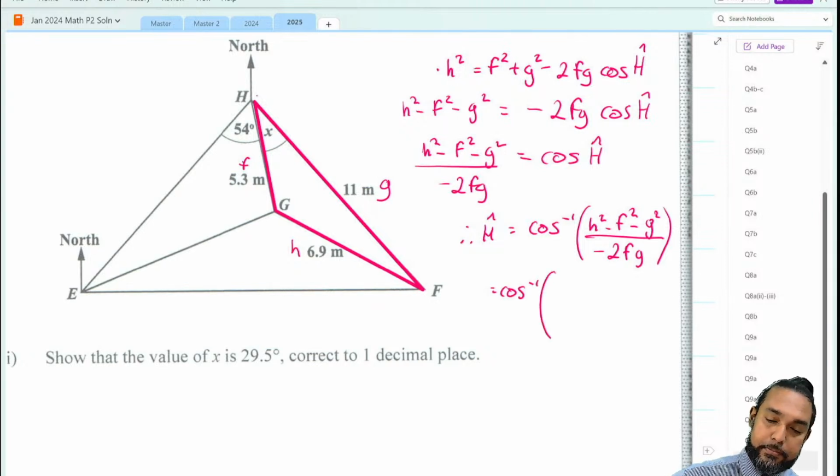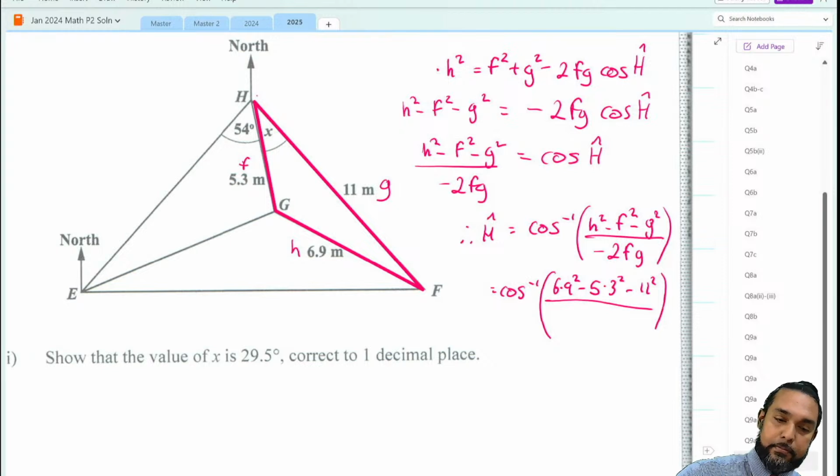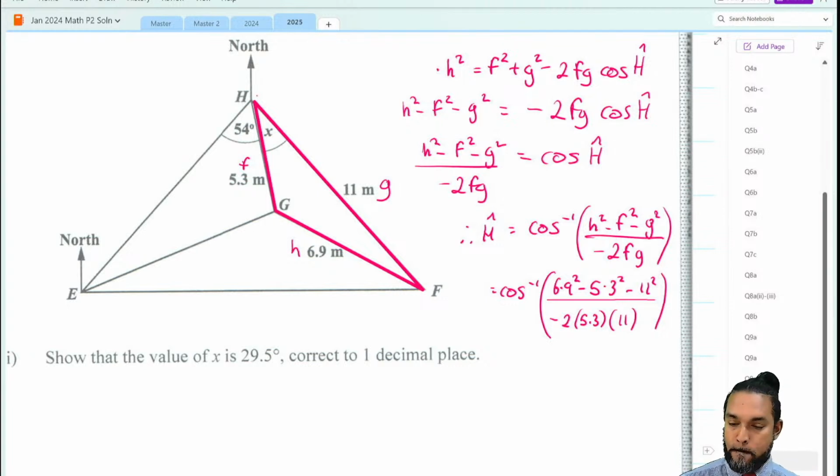Cos inverse. H is 6.9 squared minus 5.3 squared minus 11 squared all over minus 2 by 5.3 by 11.